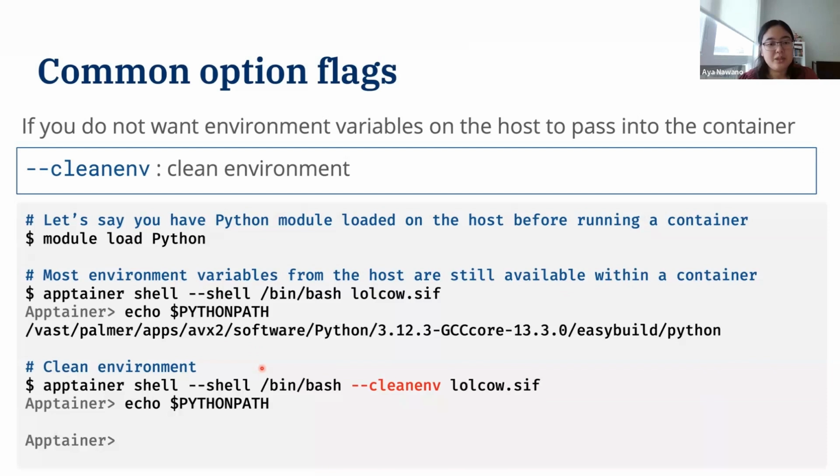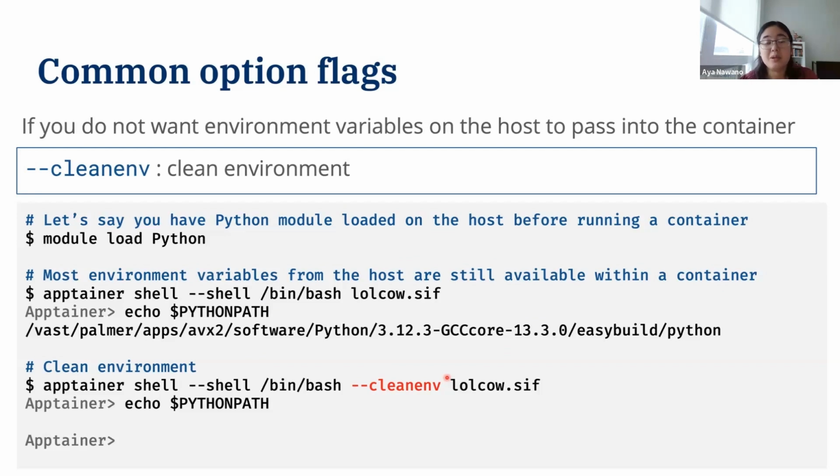This ensures a clean environment within the container with only a minimal set of environment variables necessary for most software to operate correctly. So using the --cleanenv flag, a host environment variable like PYTHONPATH, even if you have the Python module loaded on the host, does not get carried over to the container.